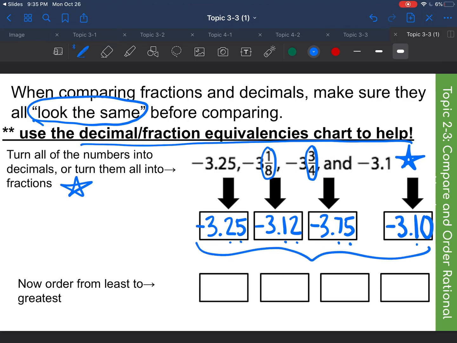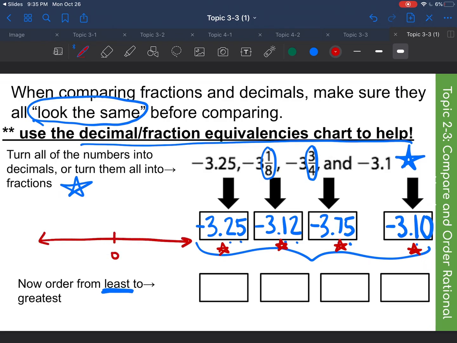Now that they're all in the same form and they all look the same, we are going to order from least to greatest. Now they're all decimals, which means that the lowest decimal is going to be the one that's farthest away from 0. Out of all 4 of these decimals, which one is the farthest away from 0?